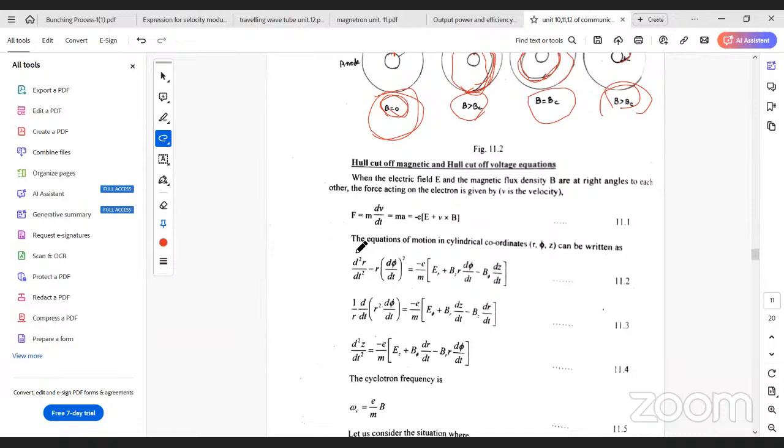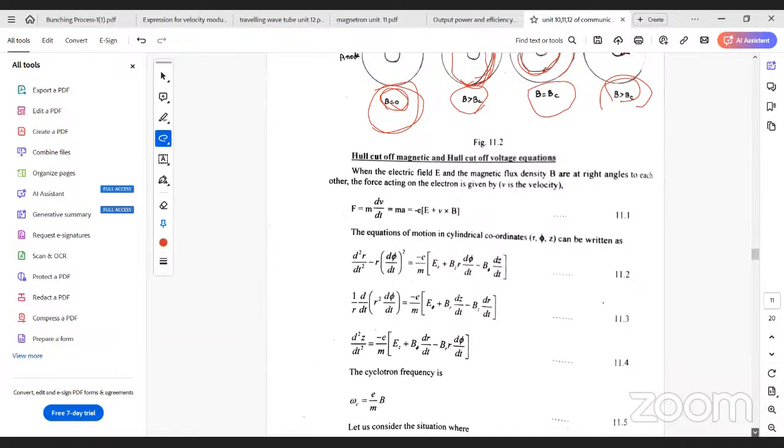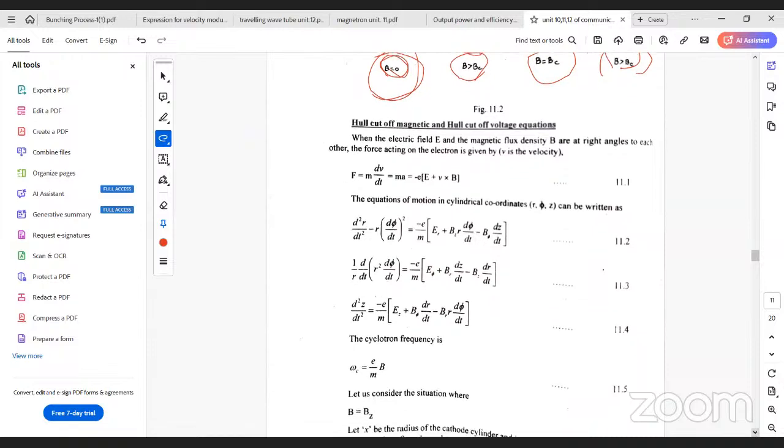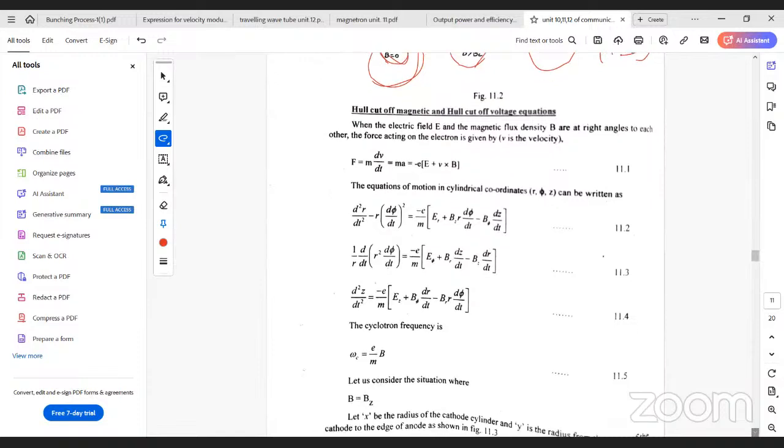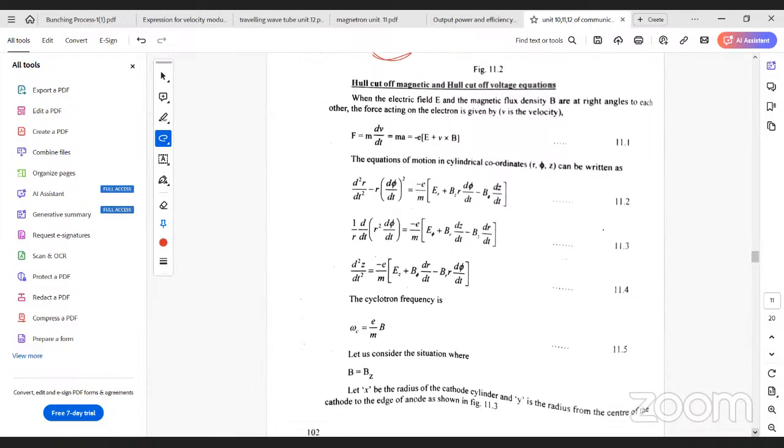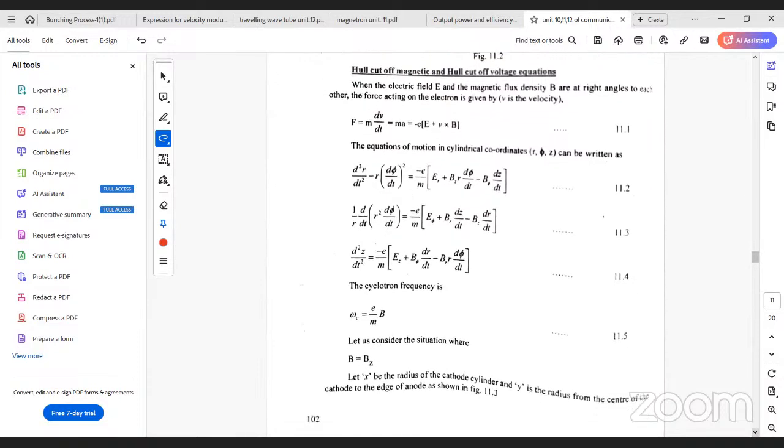Like this, we have three equations. And one more formula: the cyclotron frequency, omega c equal to e by m times B, where B is the magnetic field. Here, I am calculating with the magnetic field along the z axis.